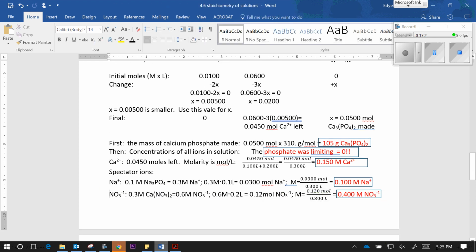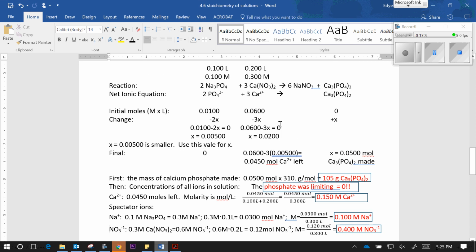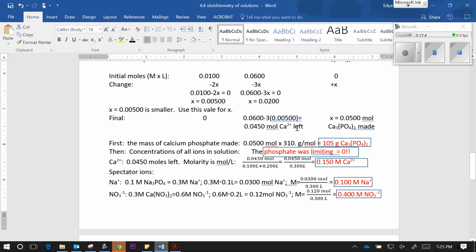And then the last one is the nitrate. So let's look. Our nitrate, we have calcium nitrate. We had 0.3 molar calcium nitrate, but I have 2 nitrates in 1 whole calcium nitrate, so I have to double the molarity because I have 2 nitrates for every one of these. So the nitrates get multiplied by that 2 to get 0.6 molar just nitrate.